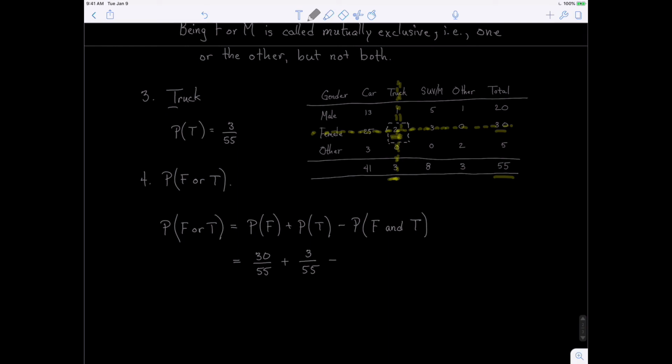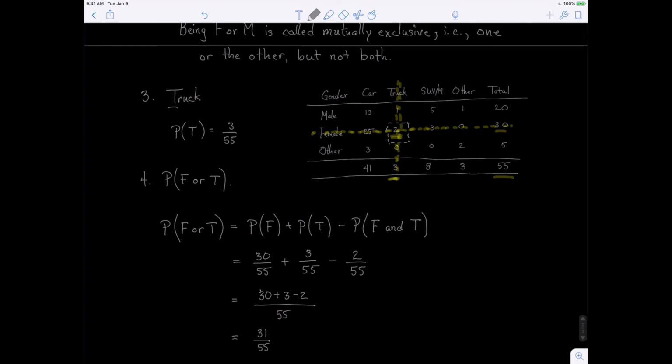One of the easiest ways to do this is using a table: whenever your rows and columns for your desired probabilities intersect, then we need to subtract the intersection. And so this is what happens. Well, let's finish this. This is why I left a common denominator, because now the problem is simply 30 plus 3 minus 2 out of 55. Or I could write that as 31 out of 55.